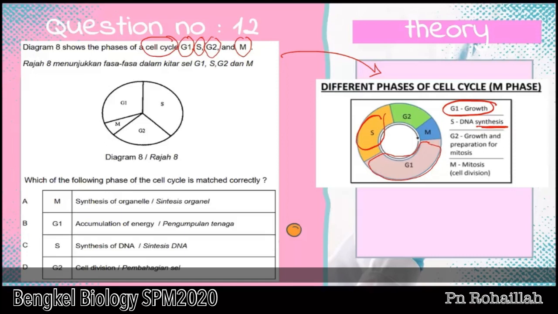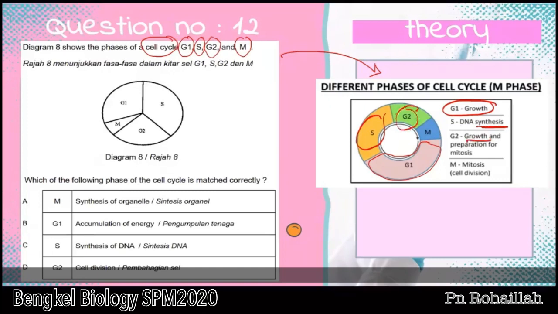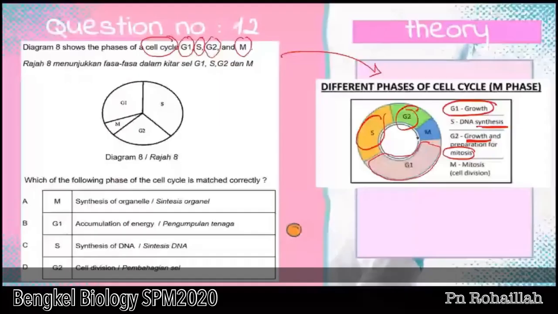For your school level, just focus on the M phase. G2 is another growth phase, for the preparation of the M. M is mitosis. Dekat sekolah you hanya belajar sikit ni saja. You go to college later, you are going to learn more detail.